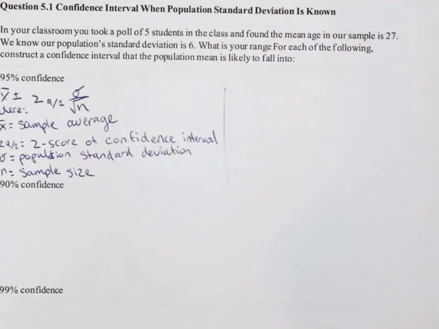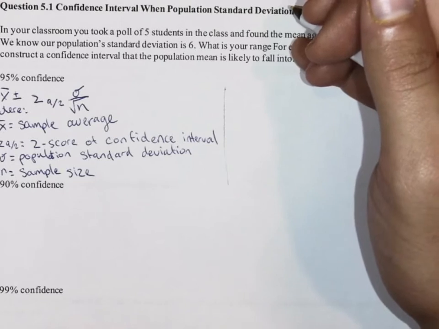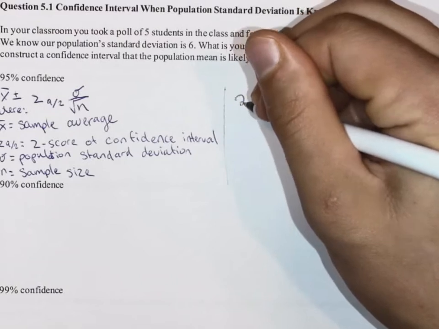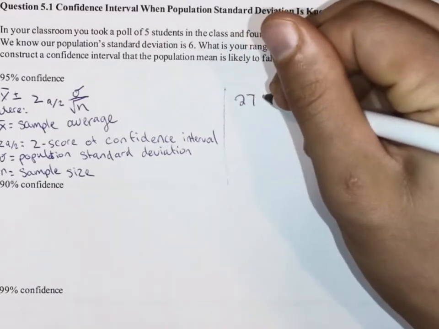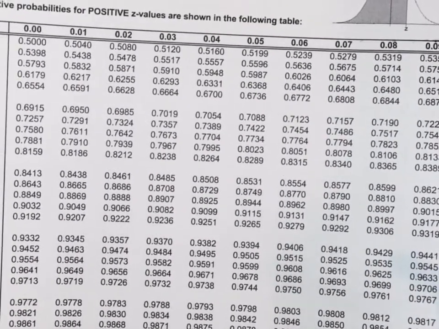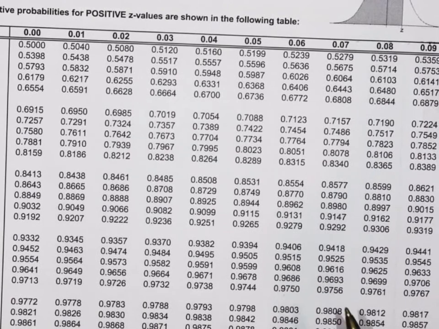So let's enter this in here. We have 27 plus minus, now the z-score, we can use our probability table to show a 95% confidence, or what we're looking for is a 0.9750.